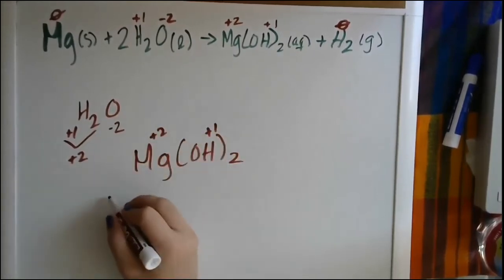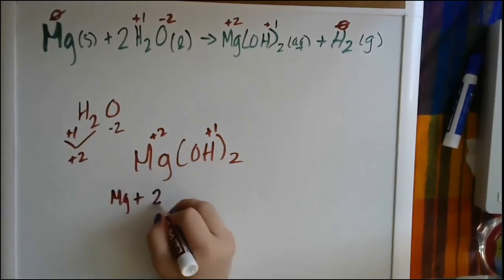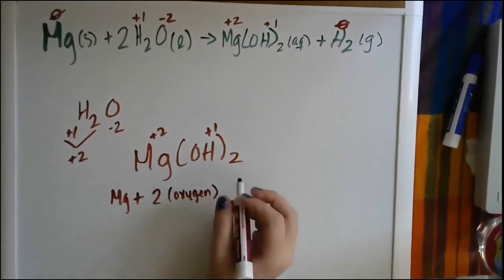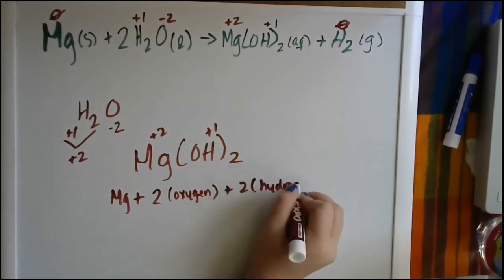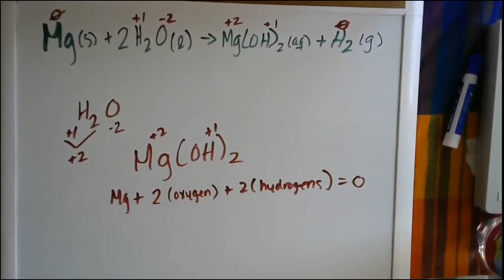That means that magnesium plus 2 oxygens plus 2 hydrogens are going to equal 0, right? It's just like what we were doing before.